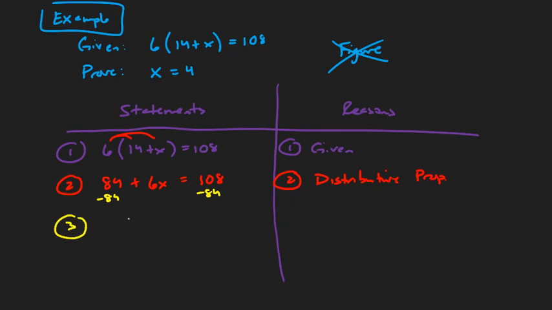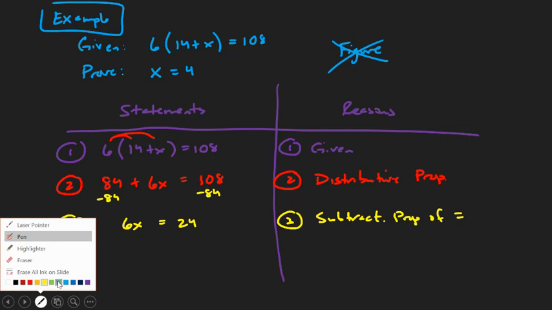So the 84's cancel, so the 6x is over here. 108 minus 84 is 24. What I used here is I did the subtraction property of equality, because we did it on both sides. Again, if you just put the word subtraction, I'm okay. But this is technically the subtraction property of equality.